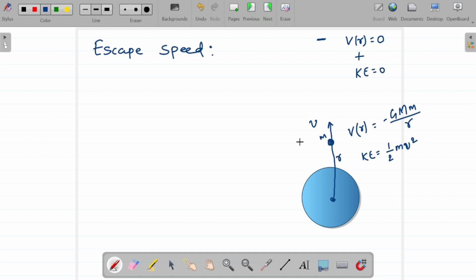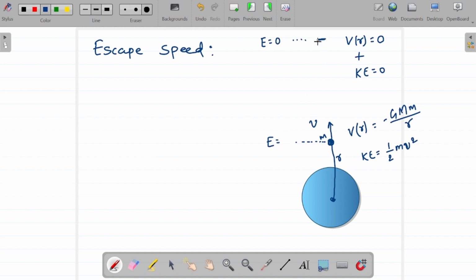Now the total mechanical energy at this point and at that point should remain equal. Why am I saying that? Because once it has been thrown, the only system is the earth and this particle, or stone, or body, whatever it is. So the total mechanical energy, let's say E, at this point should be equal to the total mechanical energy at that point.